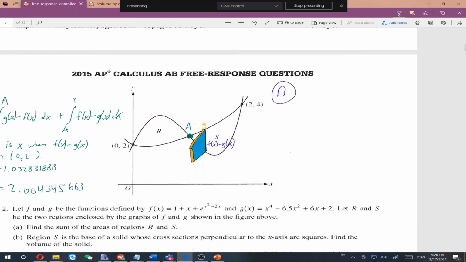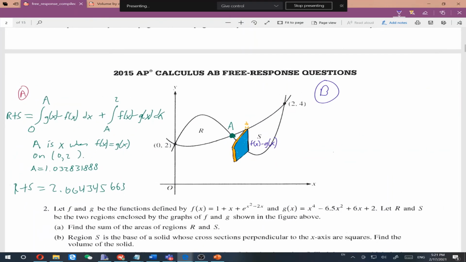So for part B, our volume should be equal to what? Integral from a to 2 of parentheses f of x minus g of x parentheses closed squared dx.